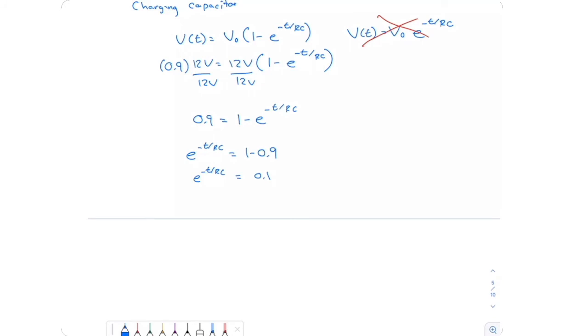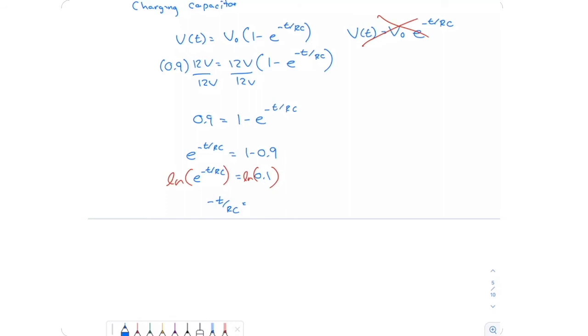So I can rearrange this a little bit, and my e to the minus t over RC must be 0.1. At this point, in order to solve this, I'm going to take the natural log of both sides. The natural log of e to the something is just that something, right? It's just the reciprocal function.